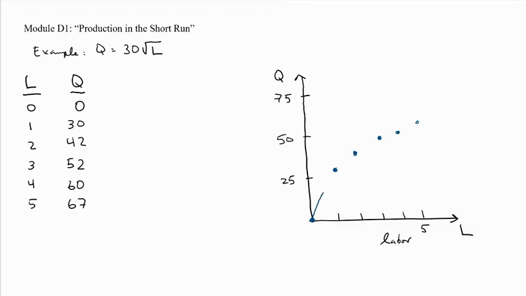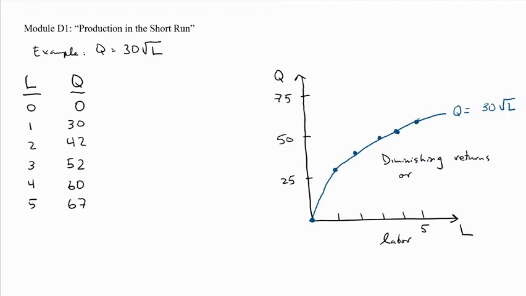What we see is that our production function, Q equals 30 times the square root of L, doesn't show a constant slope, but rather it shows a slope that is constantly getting smaller and smaller.